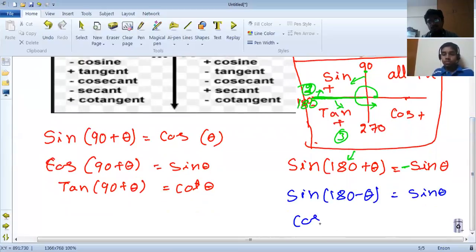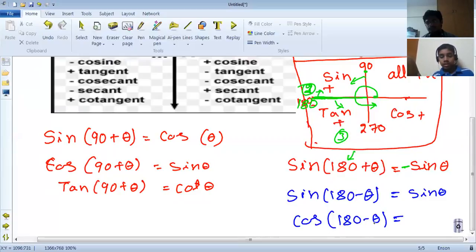Now, cosine of 180 minus theta. First you need to check.